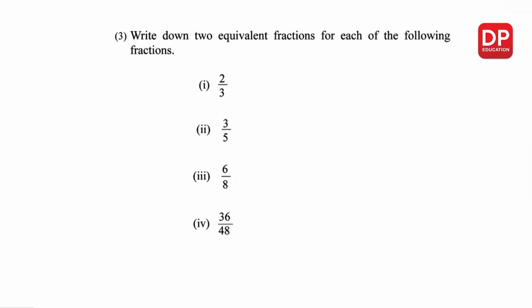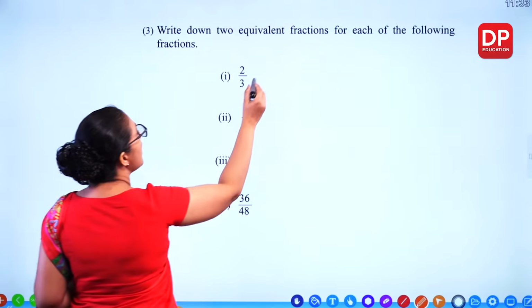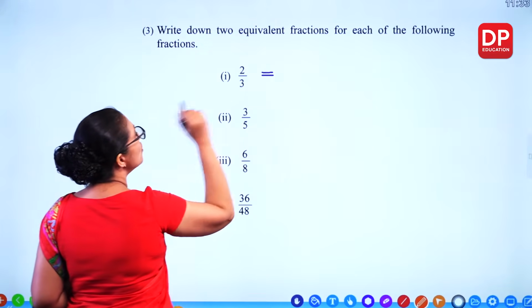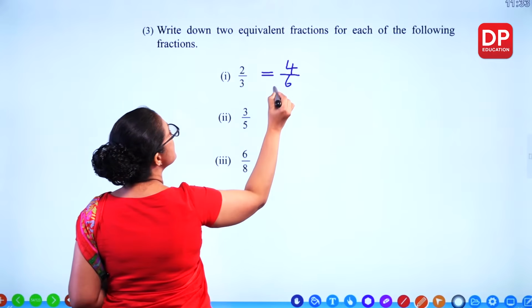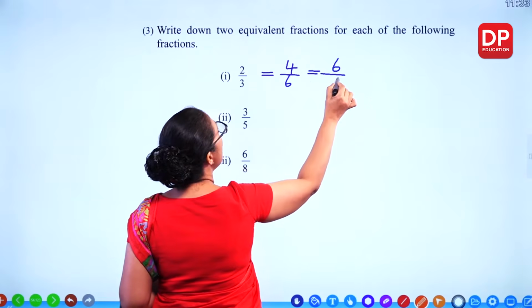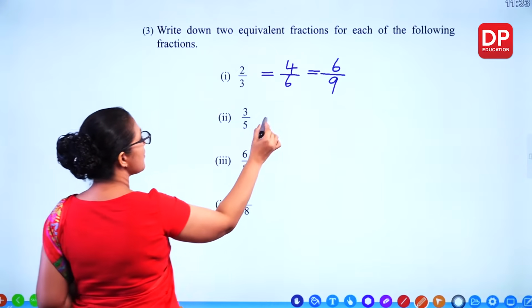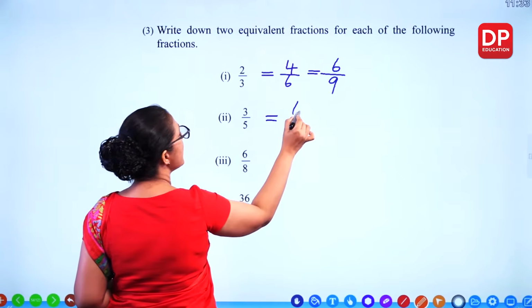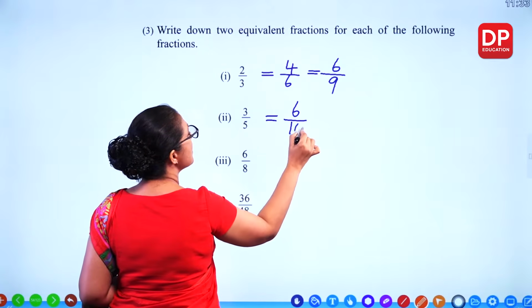Write down 2 equivalent fractions for each of the following fractions. So 2 over 3, I can write multiply by 2, 4 over 6. Multiply by 3, 6 and 9. Multiply by 2 first, I can write 6 over 10.